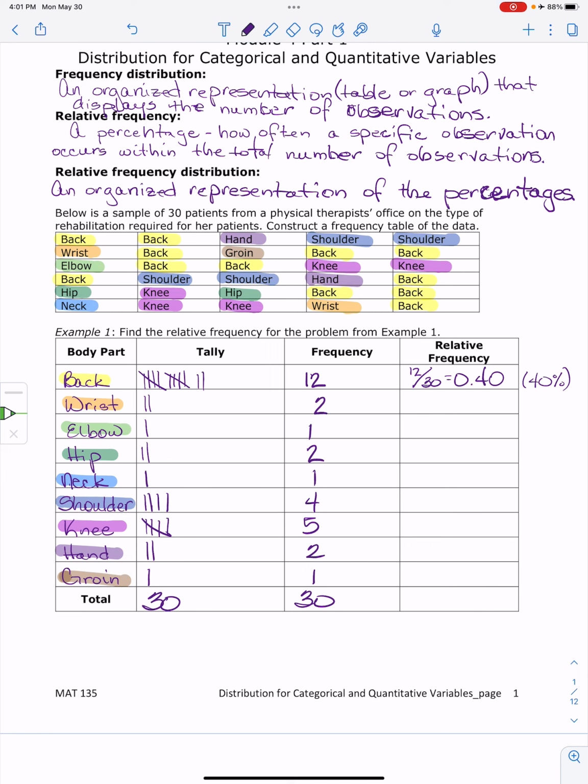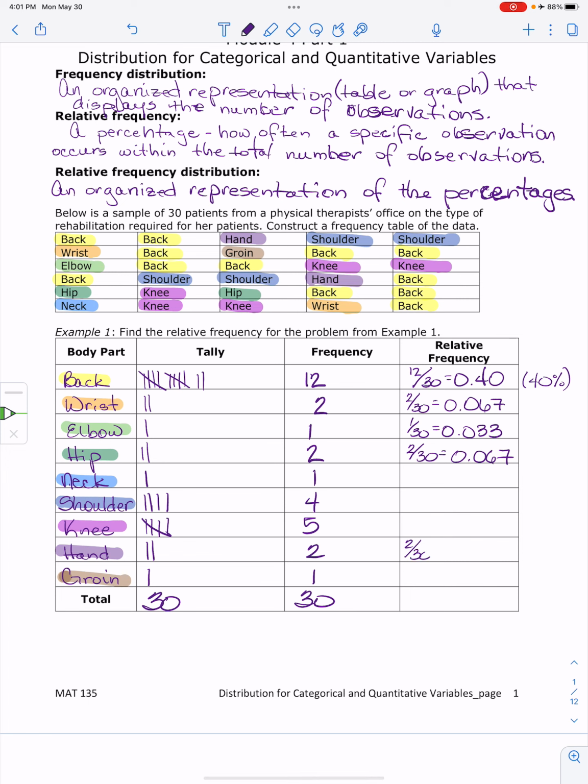Typically, we will work with the decimals. Sometimes we'll write it as a percent. Okay, 2 divided by 30, I got 0.067. I'm going to go ahead and round to 3 places. That elbow, 1 out of 30, gives me a 0.033. Two hip injuries, that's going to be the same as above. And where else did I have a 2? Those hand injuries.